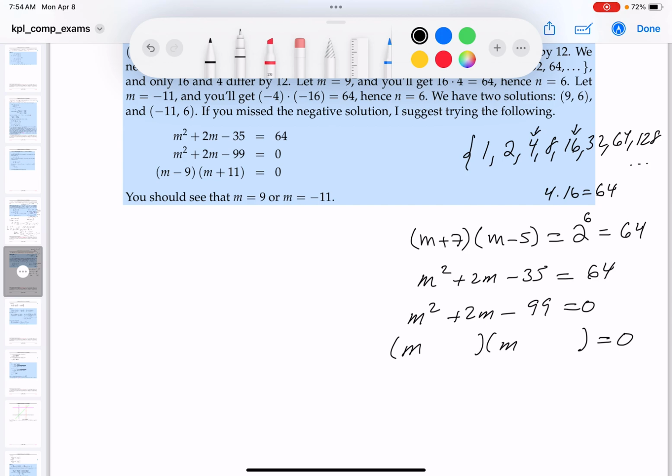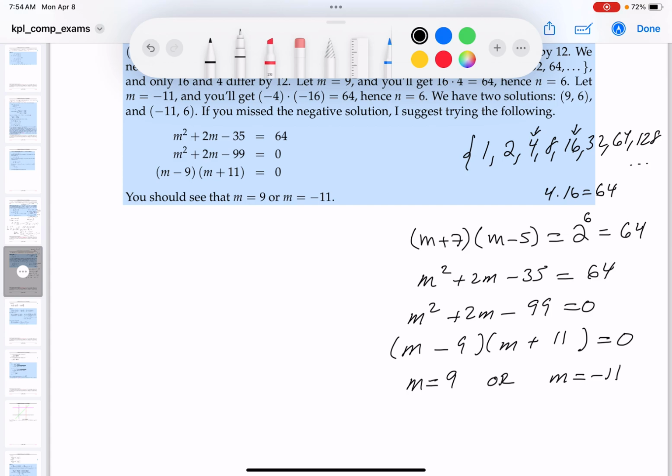I got to be careful now. It looks like 11 and 9. Plus 11, minus 9. So what do you got? You got m equals 9 or m equals minus 11.